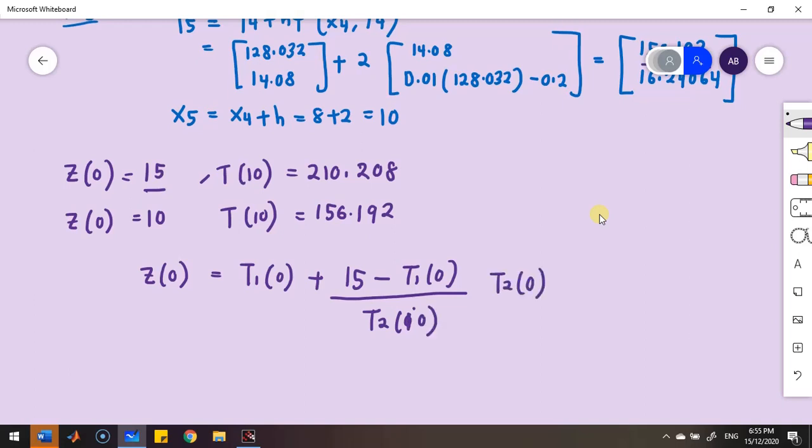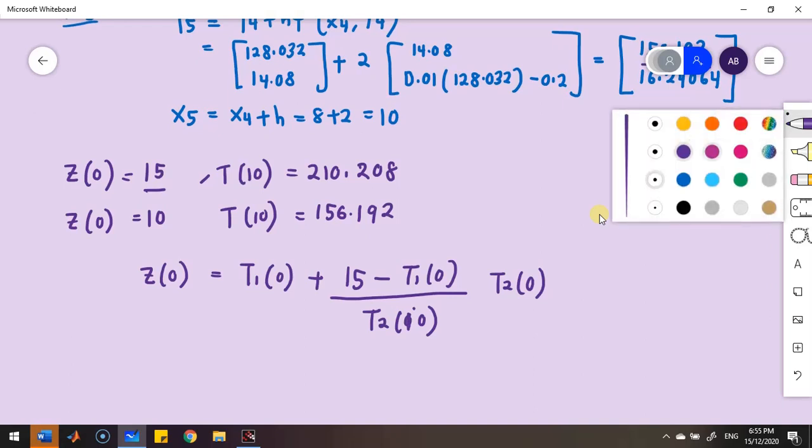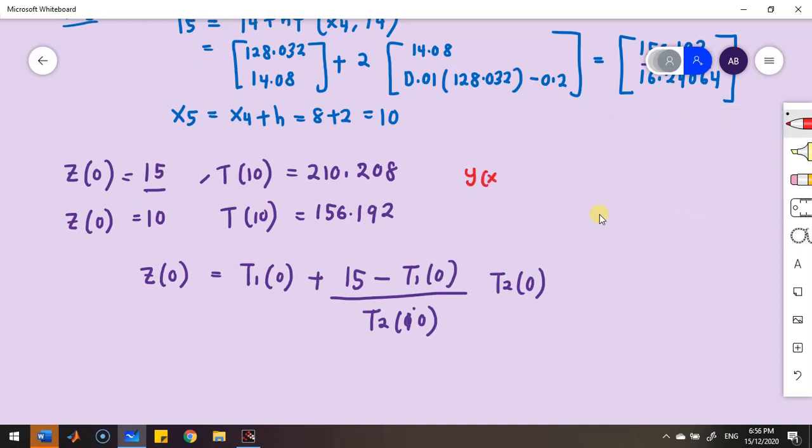Okay, I know the equation looks a bit weird compared to the standard one that I have given earlier on. The standard one should be like this. Let me just write it down here. So y(x) equals y1(x) plus beta minus y1(b) over y2(b) times y2(x). Okay, this is what I have done here.